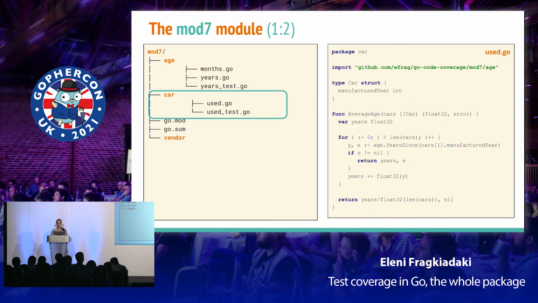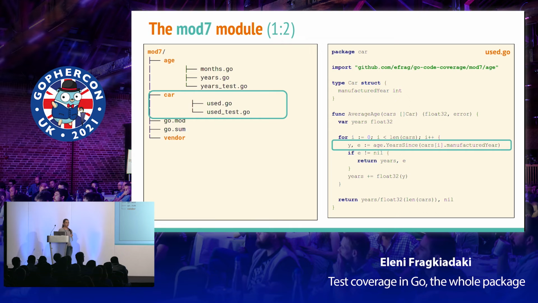Now, another example. Module number 7, it's simplified now. We're going all the way back. We have an age and a car. And inside the car, we have a use.go file. And that use.go file basically accepts a list of cars. Cars are very simple. They just have a manufactured year, nothing else.